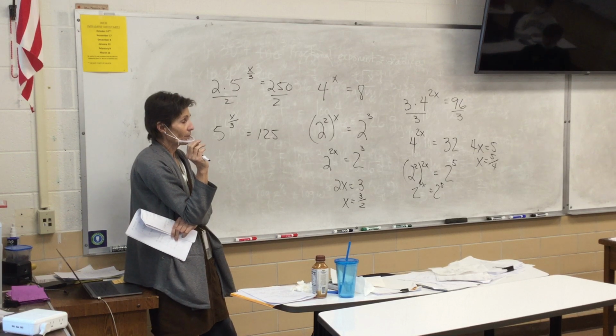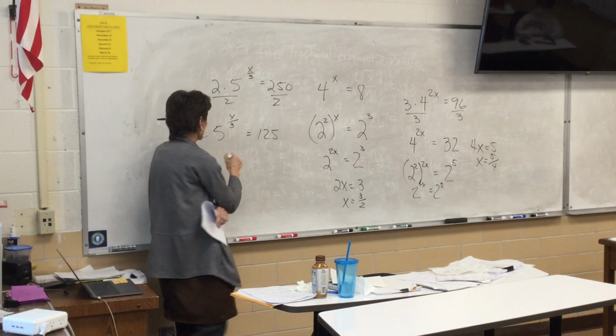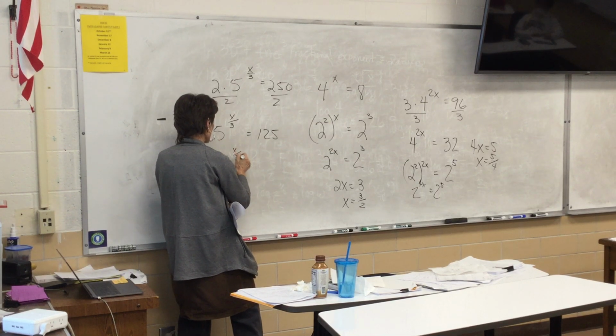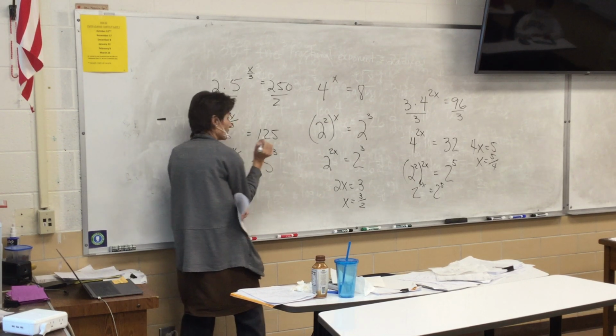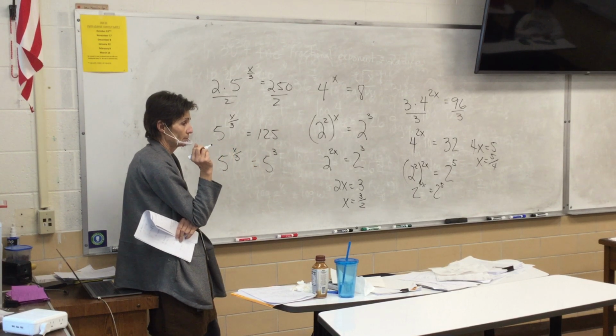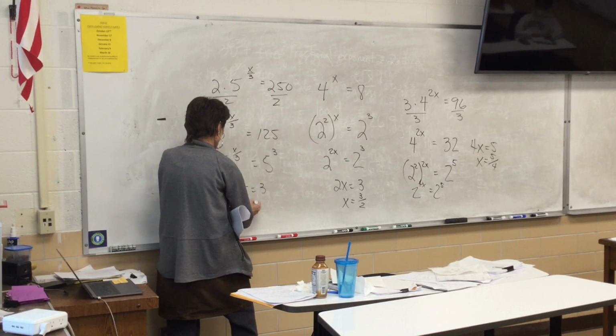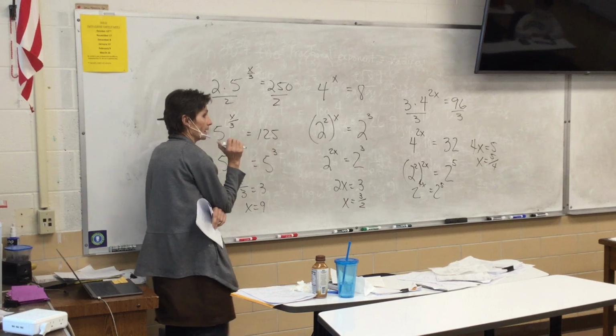Yes. Whose power is it? 5 to the 3rd. So 5 to the x over 3 equals 5 to the 3rd. So x over 3 equals 3 and x equals 9.